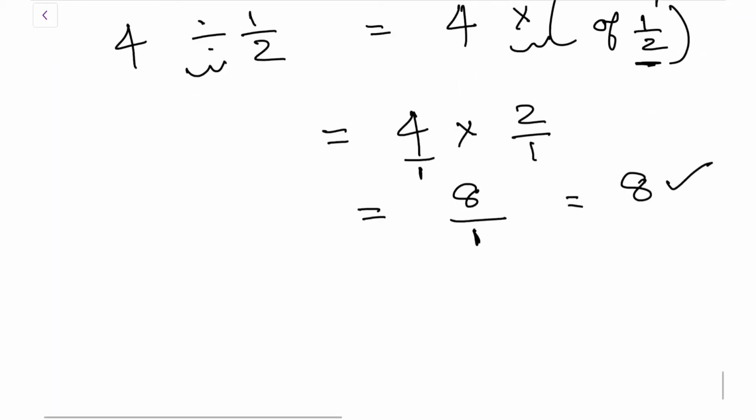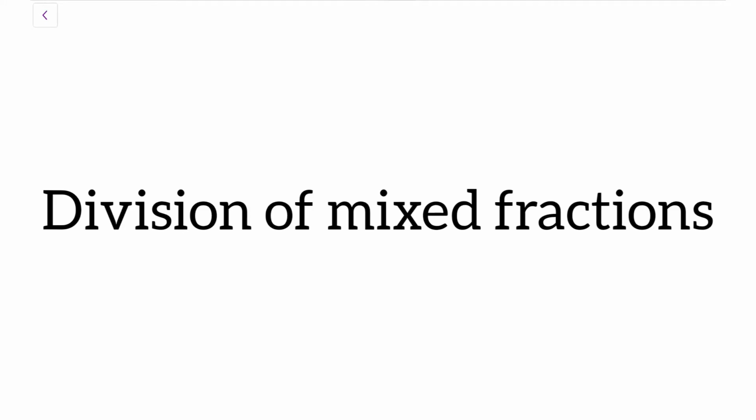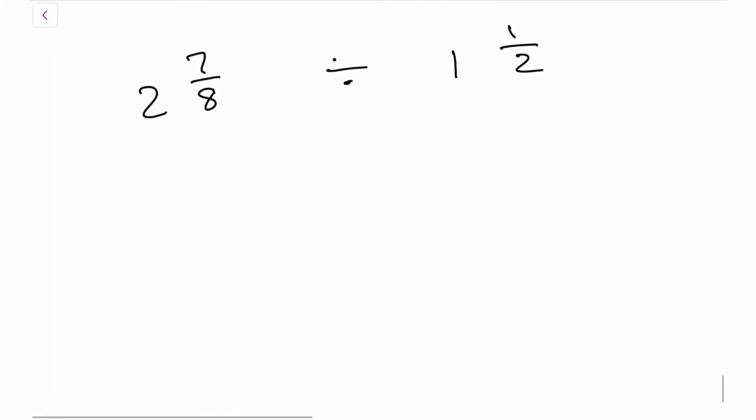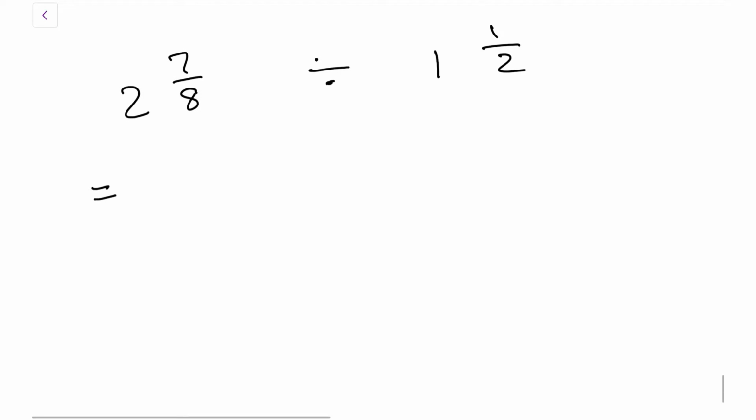Let's take another example of division. How do we do 2 7 by 8 divided by 1 by 2? Division of mixed fractions. Again, since a mixed fraction is given, you need to change it into an improper fraction. How do we do that? 8 into 2, 16 plus 7 is 23 divided by, the denominator remains the same, 8.